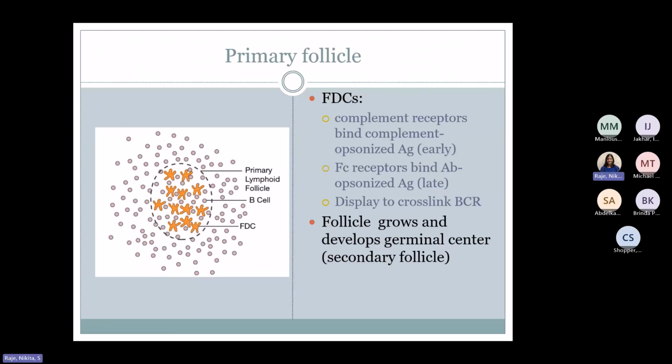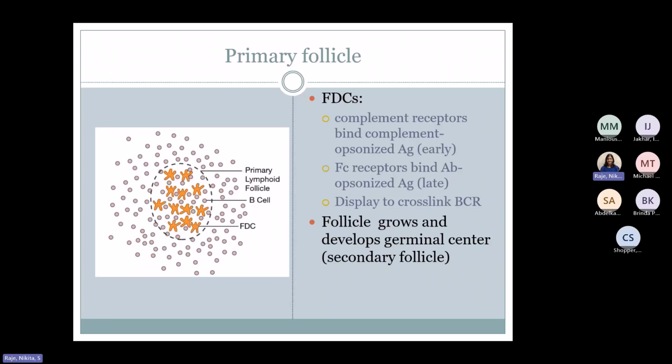The other way the FDCs come across the antigens that they present is because they have Fc receptors. Later in the infection, when antibodies are present, the innate immune response has happened and the B cells are activated and can produce antibodies. Those antibodies end up in circulation, they come across the antigen and they opsonize that antigen.